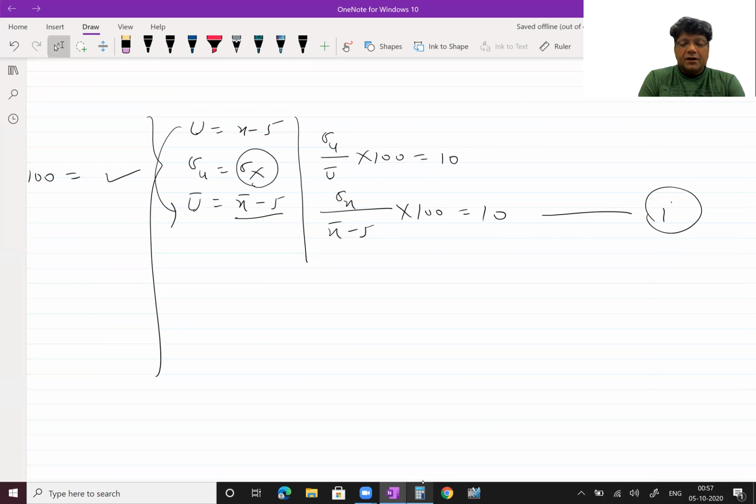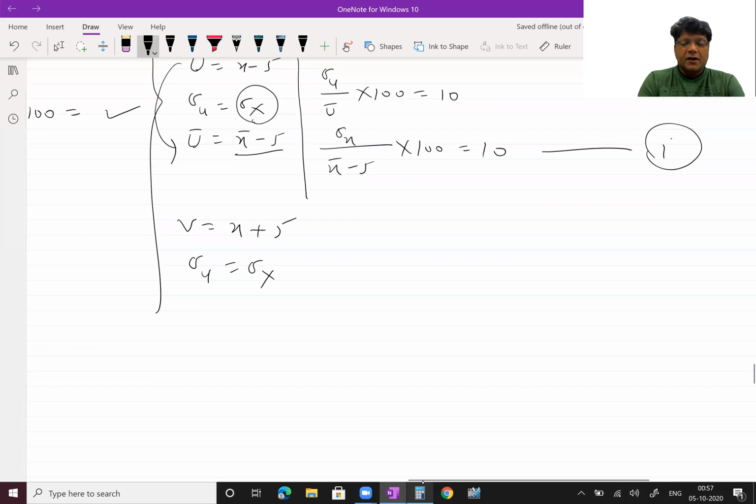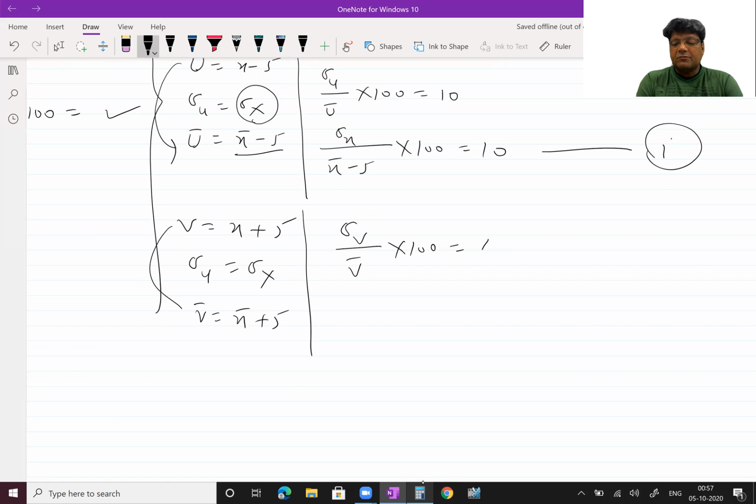Further, if you add 5 to each observation, then v is equal to x plus 5. Standard deviation will remain the same, but mean v bar will be x bar plus 5. This time the coefficient of variation, standard deviation of v by mean of v into 100, is equal to 6.